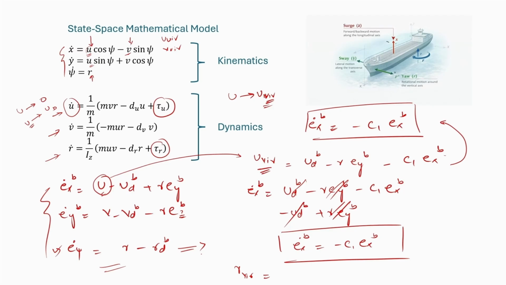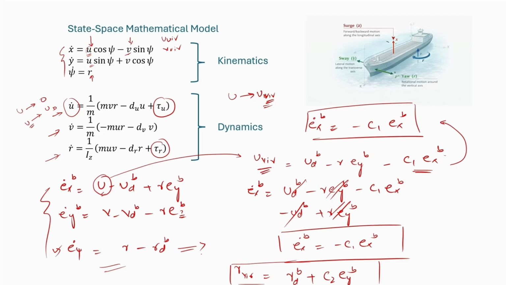So R virtual will be chosen as plus R DB, right? And then plus, in this U virtual, if you note, we controlled position along the x-axis. So in this case, I will be controlling the position along the y-axis, with C2 E Y B. So this will be my R virtual.